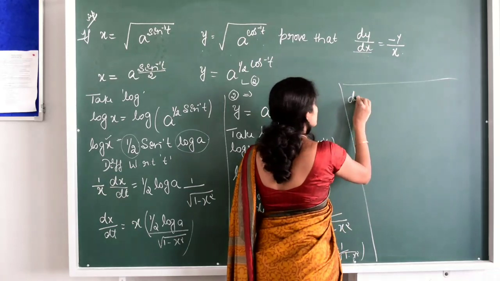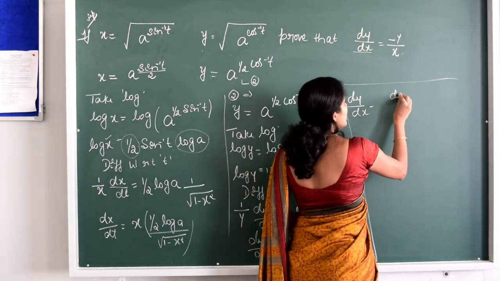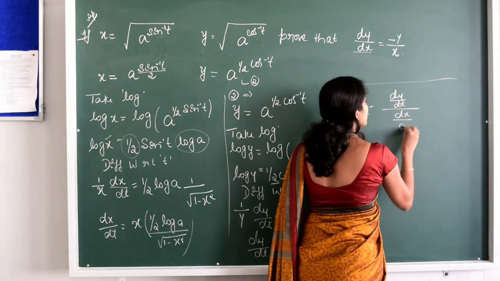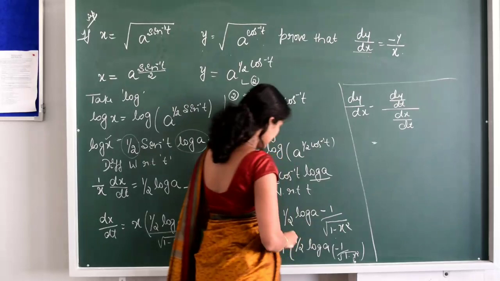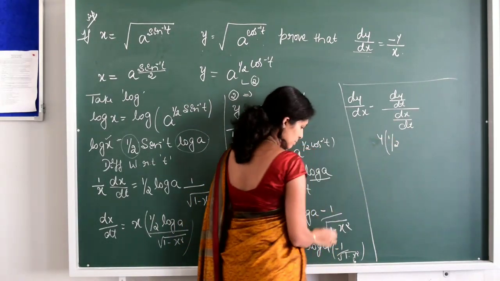Just let me substitute this. So dy by dx is equal to dy by dt divided by dx by dt. We substitute dy by dt, that is y into 1 by 2. See here, minus sign is there.